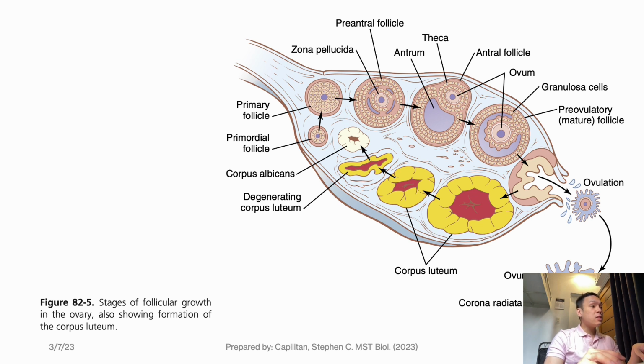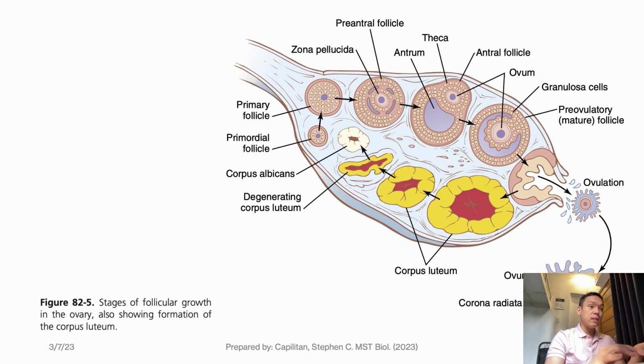These are the stages of follicular growth in the ovary and following the formation of the corpus luteum. So you can see that there are layers of what we call granulosa cells surrounding your ovum. Technically, these are just as it thickens in preparation for ovulation.